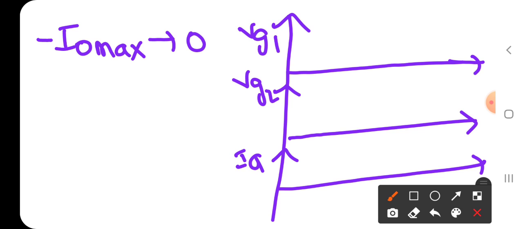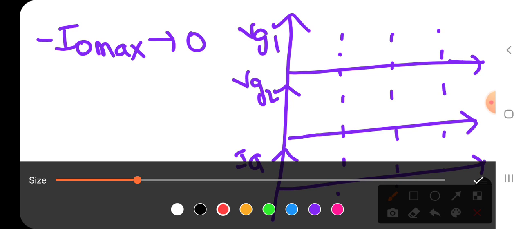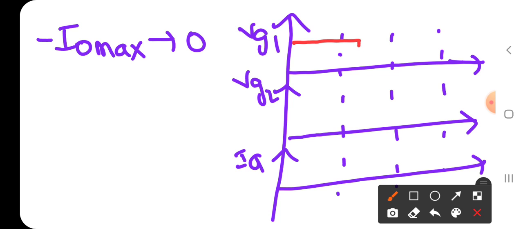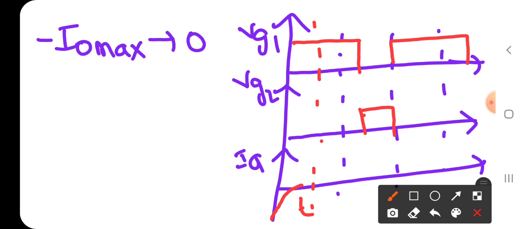Here, this is T on. Just like this. So here what happened to IA? Initially it is maximum and tends to 0. Let me take this duration as T1.